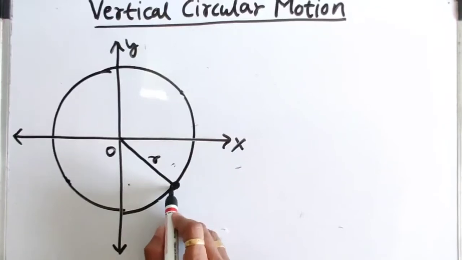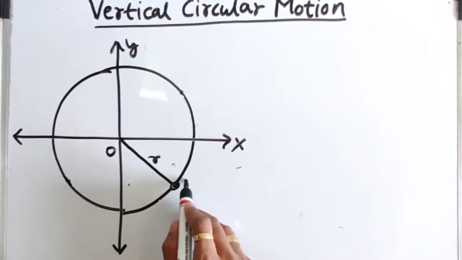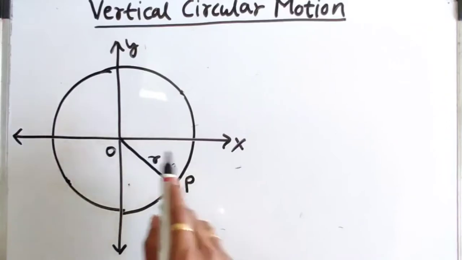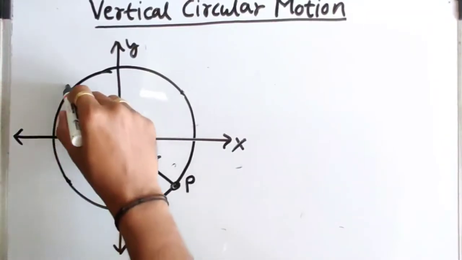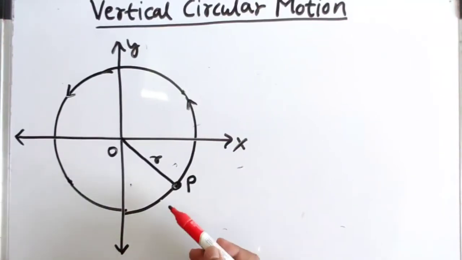Here you can see a particle or object of mass m, say at point P, attached with the help of this string held at the center, and this particle is reeled in the vertical circle in anticlockwise sense.